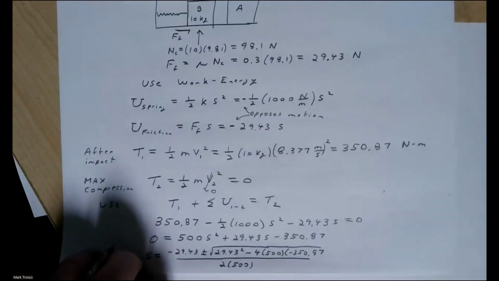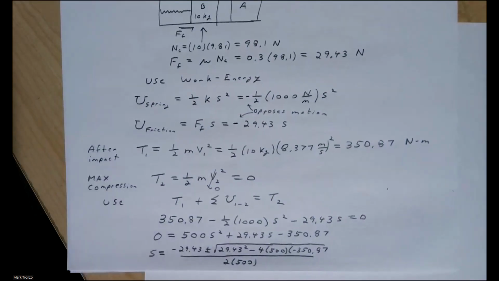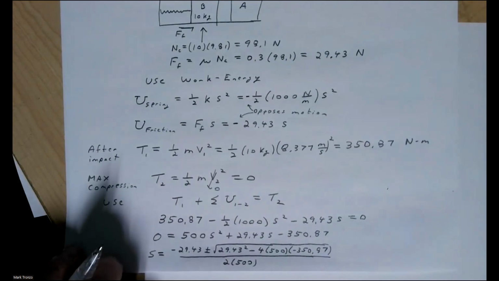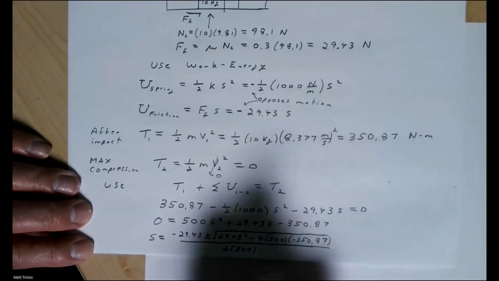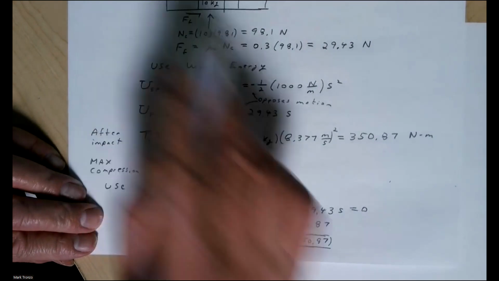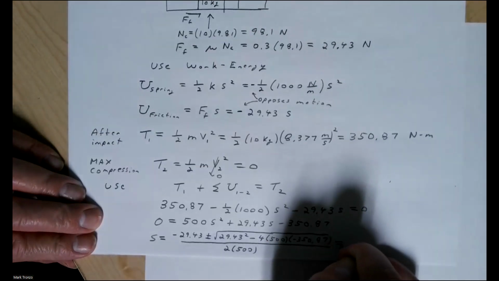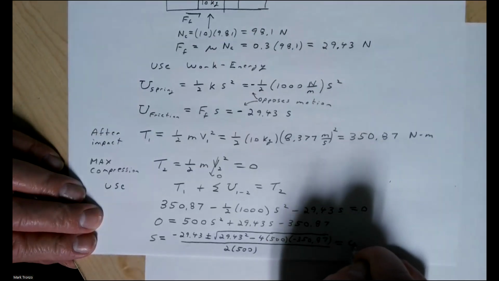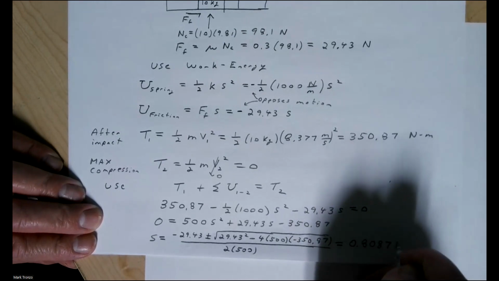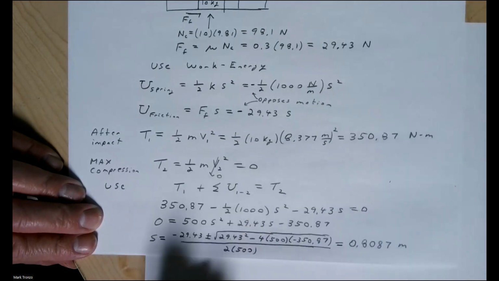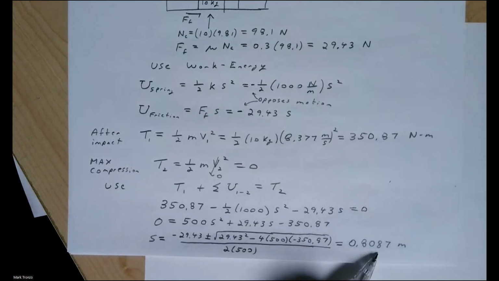And so using our quadratic formula, now when we use a quadratic formula, one answer is going to be negative, so that's not going to be relevant because we're compressing the spring, and one is positive, and that's going to be our answer, 0.8087 meters. So that's going to be the maximum compression of the spring.